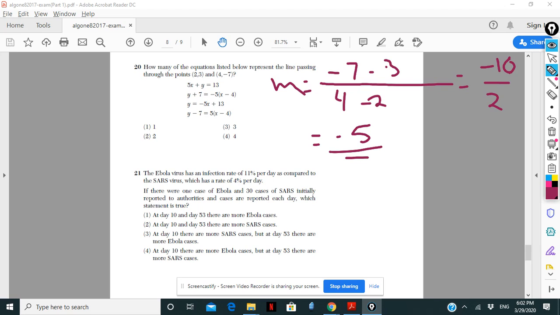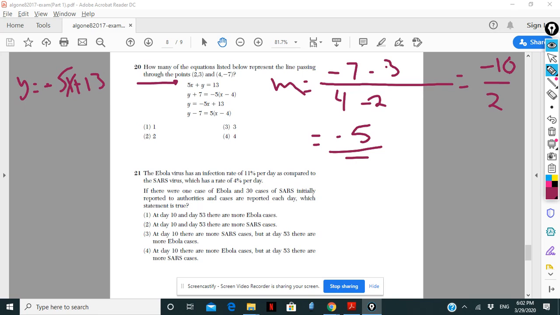Okay. So in that case, I'm looking for which of these equations gives me the same slope. Number 1: y equals negative 5x plus 13. I moved it to the other side.